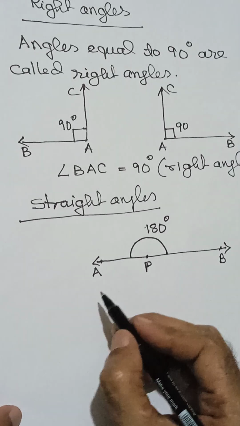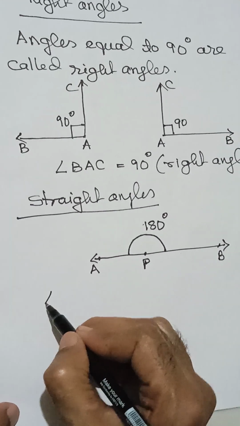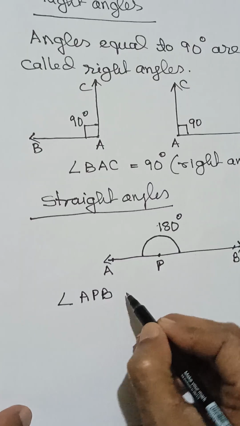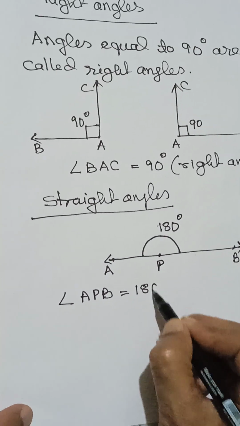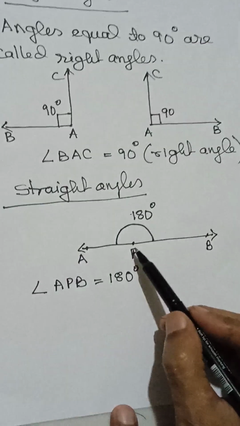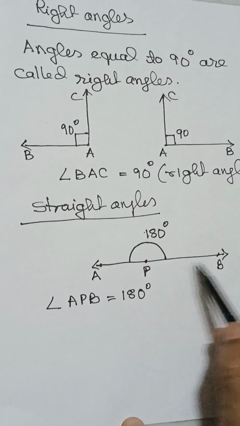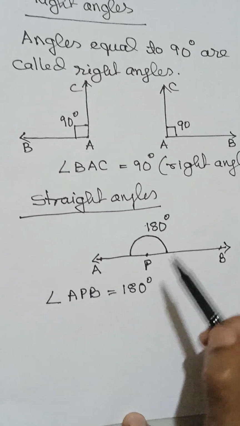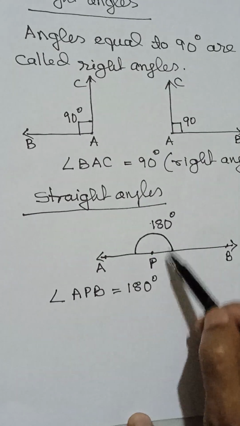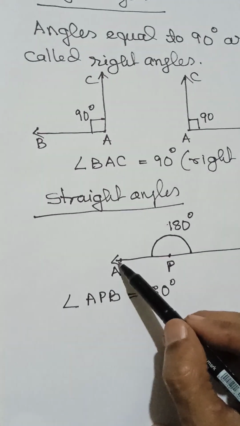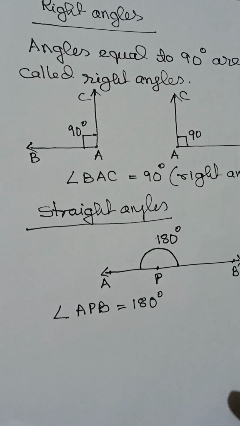So we can name it angle APB is equal to 180 degrees. So when we define a straight angle as equal to 180 degrees, you can see in the figure, when the measure is 180 degrees, then it is a straight line.